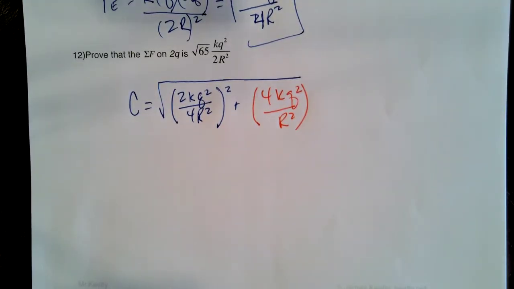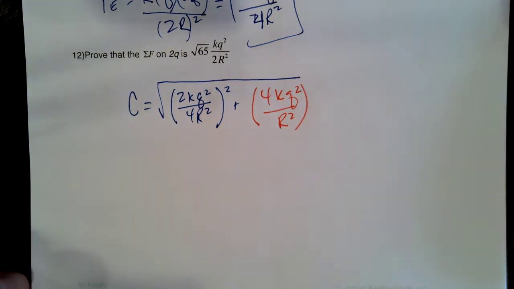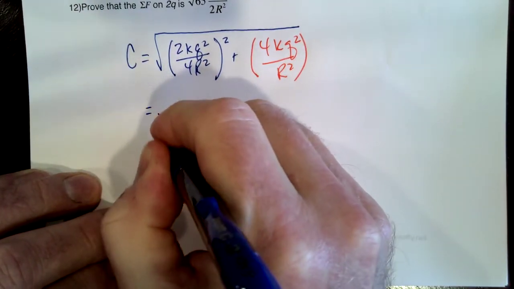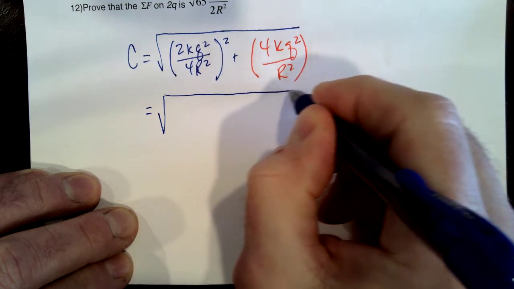So once we square everything up, we'll have to find some common denominator to do the math on this one. So let's see. Square root. I mean, everything I do is going to be under the root, if it looks like it or not.